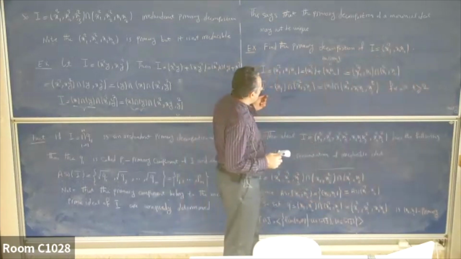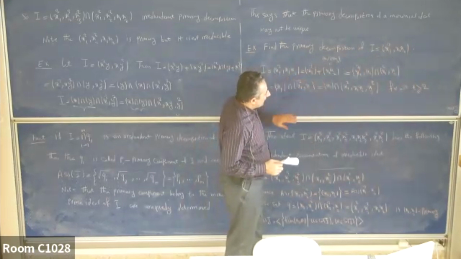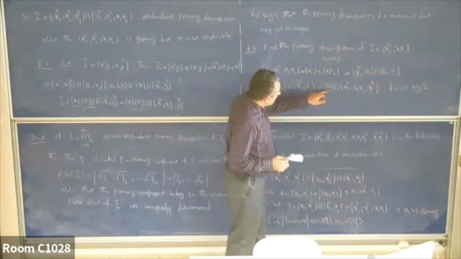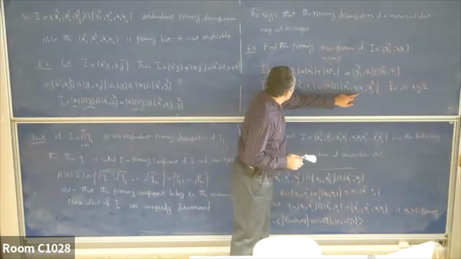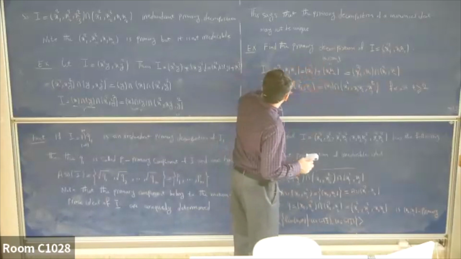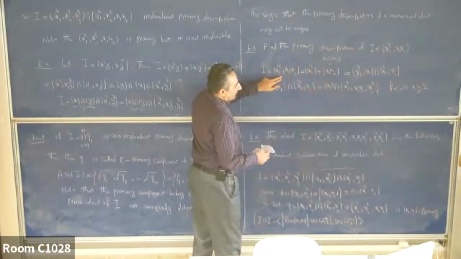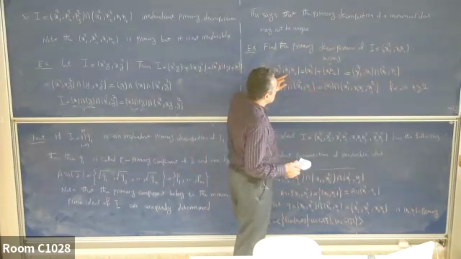And so I has infinitely many primary decompositions. The intersection of these two ideals is equal to this by LCM.